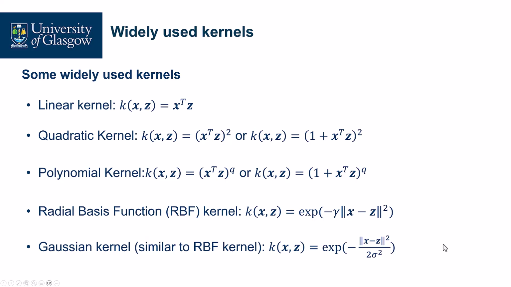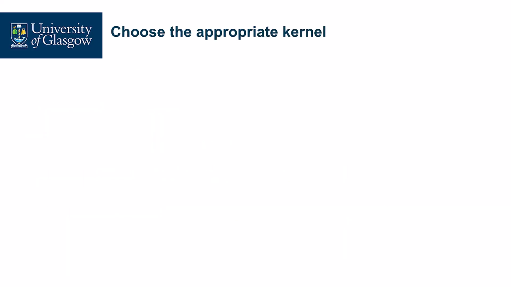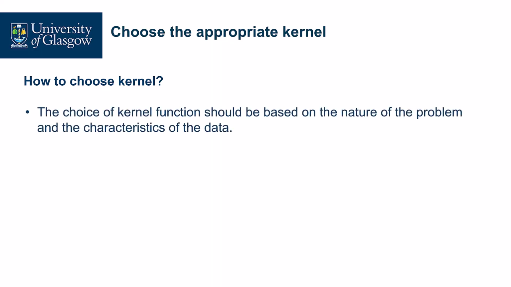When we have these kernel functions, we know that none of them can be applied to all the data and all the problems, right? So there becomes a problem of how to choose the appropriate kernel. The appropriate kernel depends on the characteristics of the data and also the computing complexity.